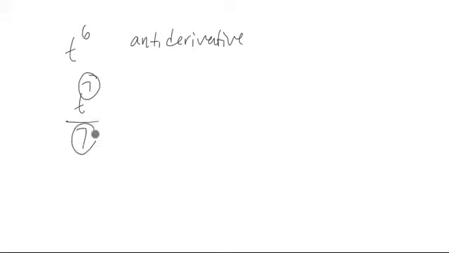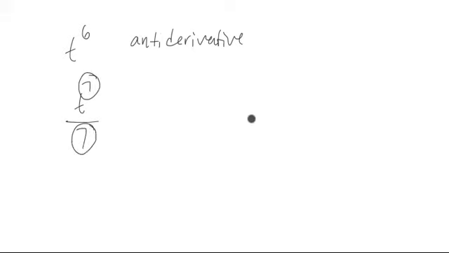So we usually use anti, which means against or backwards. So the antiderivative of this, the first thing to do is add 1 to the exponent. The next thing to do is to divide by that new exponent. So the nice thing about taking an antiderivative is you see right here and here the same thing.